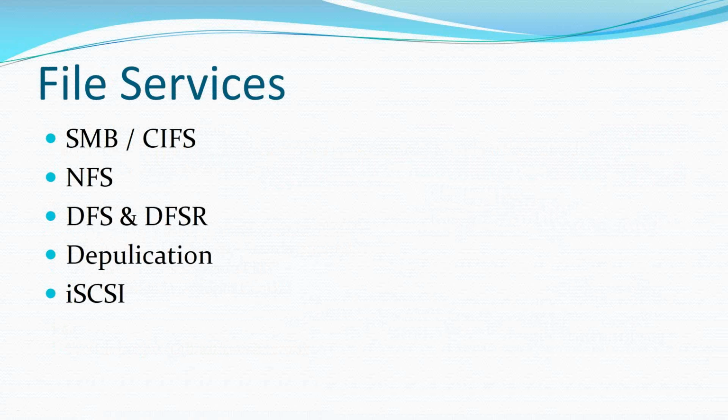DFS, and with it DFSR, is more of a way of presenting the files, so we'll go into the details there. And deduplication is a way to help get a bit more space out of your hard drives. When you have a lot of files with quite a bit in common, or files that aren't getting used as much, it can reduce the space. But again, that's a bit later on in the episode.